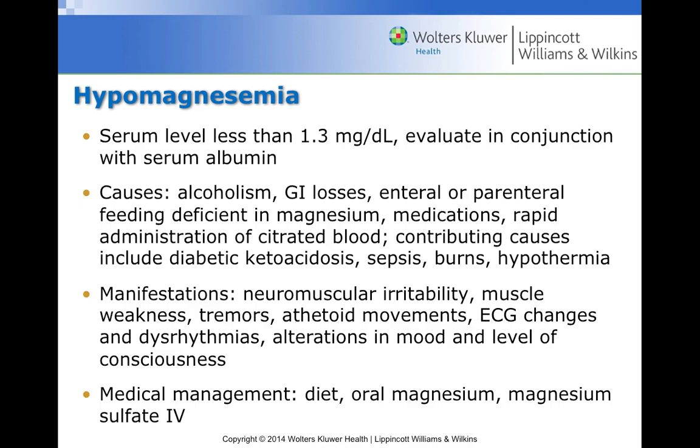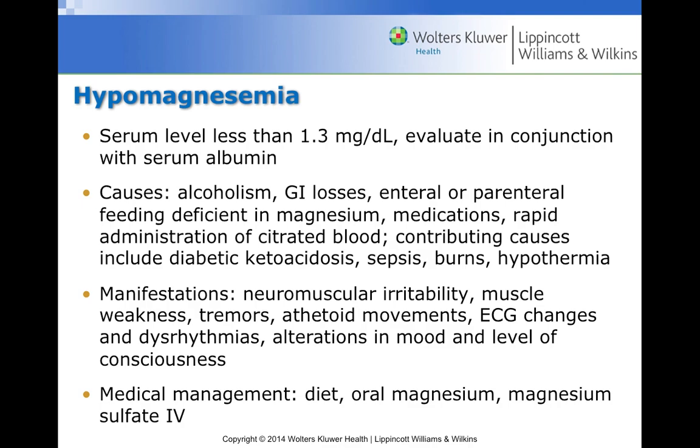Hypomagnesemia may be accompanied by marked alteration in mental status. Apathy, depressed mood, apprehension, and extreme agitation have been noted, as well as ataxia, dizziness, insomnia, and confusion. At times, delirium, auditory or visual hallucinations, and frank psychosis may also occur.